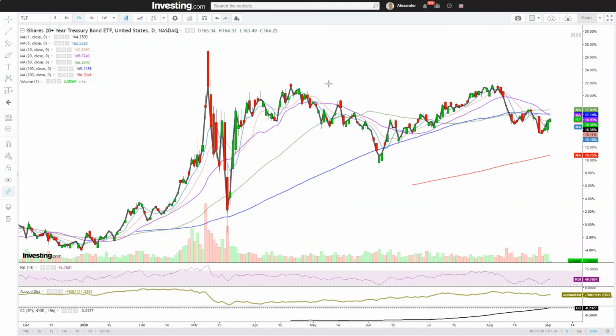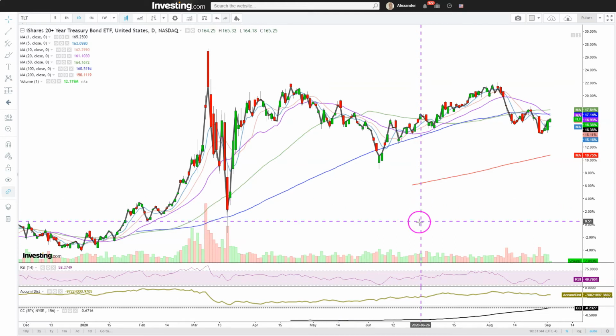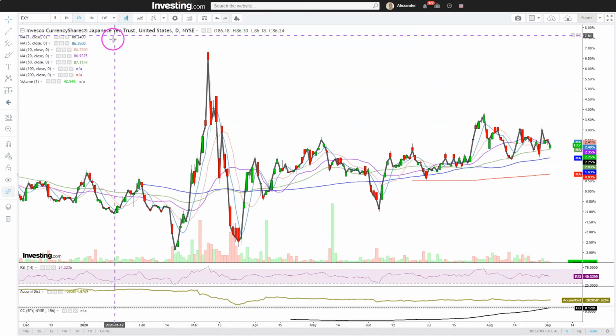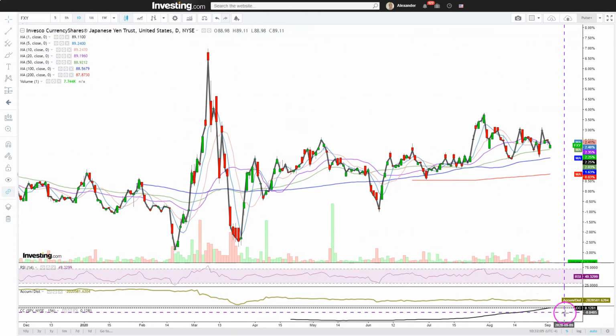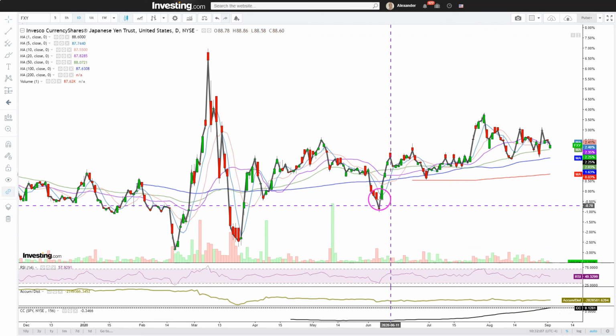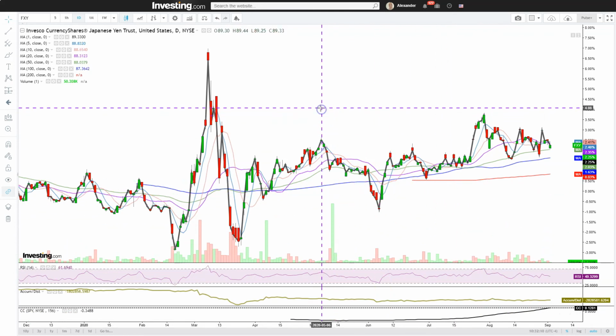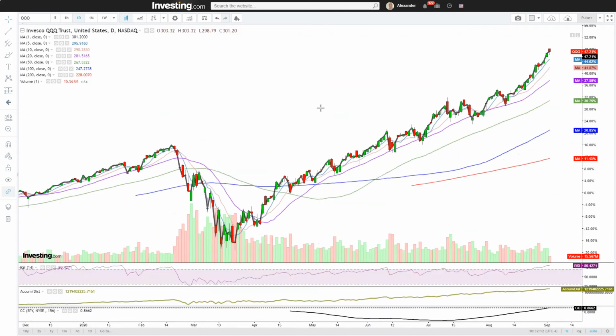The 20-year Treasury bonds have a minus 23% correlation, meaning that there actually is a bit of a negative correlation. They move a bit opposite each other. Here you have the Japanese yen ETF, with a 13% positive correlation with the S&P 500, which is very weak. These are just a few examples, but the key thing is to find things that are not that strongly correlated.